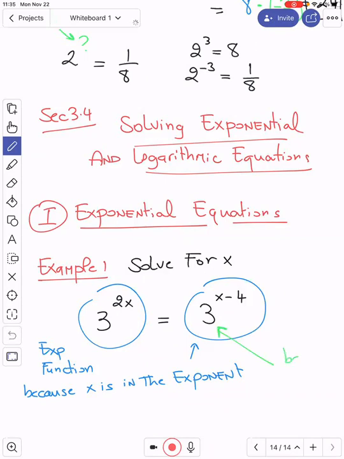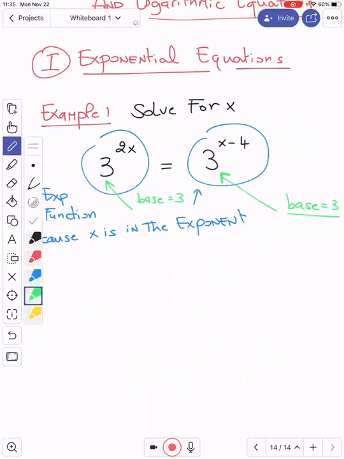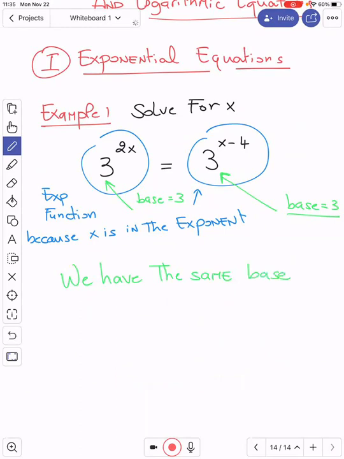So the idea, guys, is that when we have the same base, it means that the powers, or exponents, are equal.